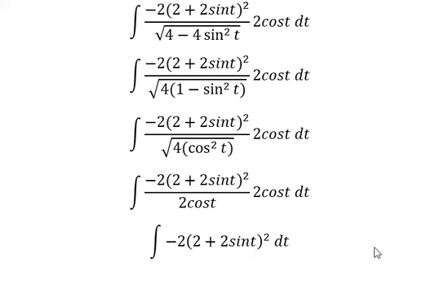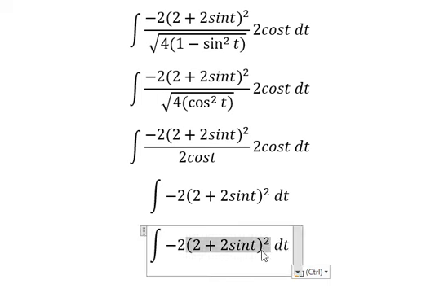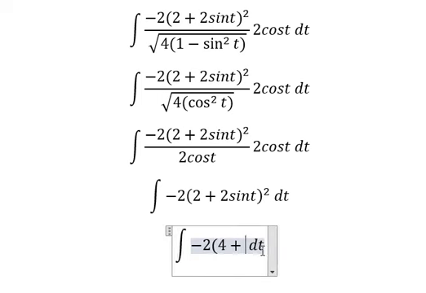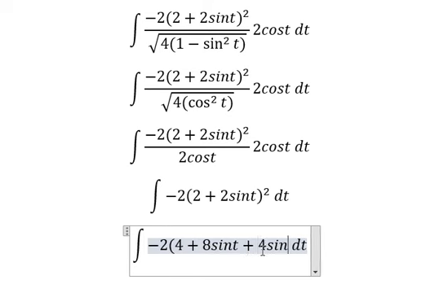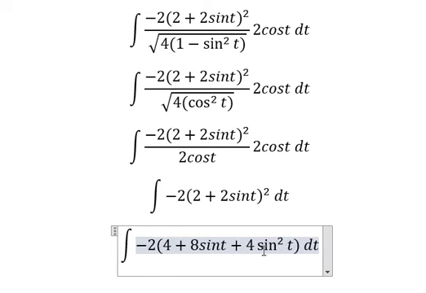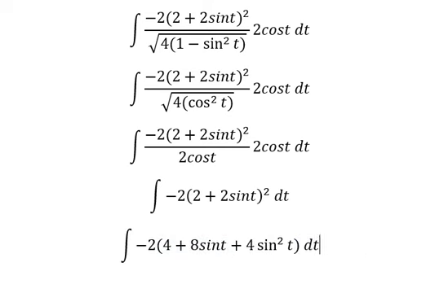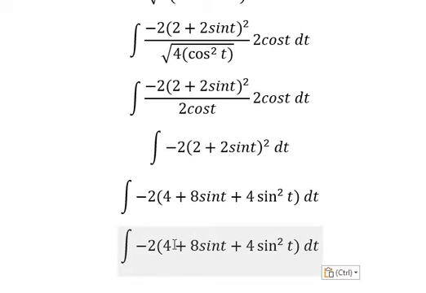Next, we need to expand this one. Next, negative number 2 multiplied by number 4a and number 4.